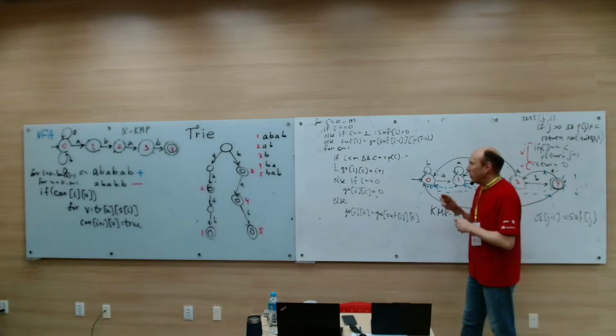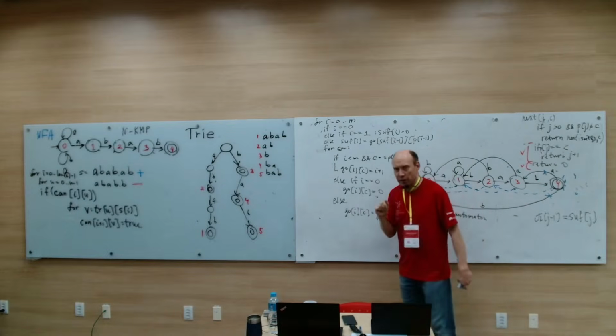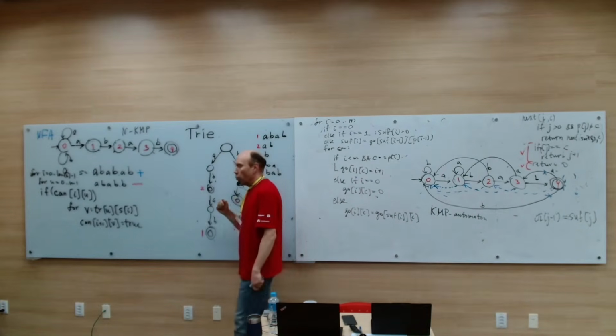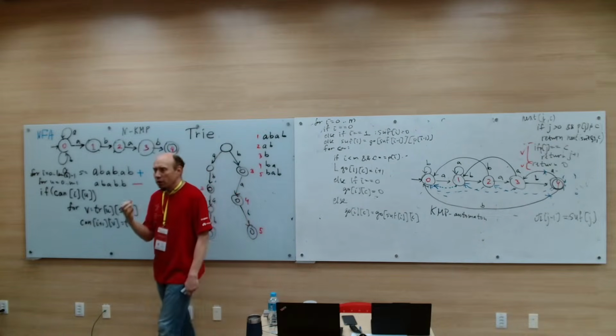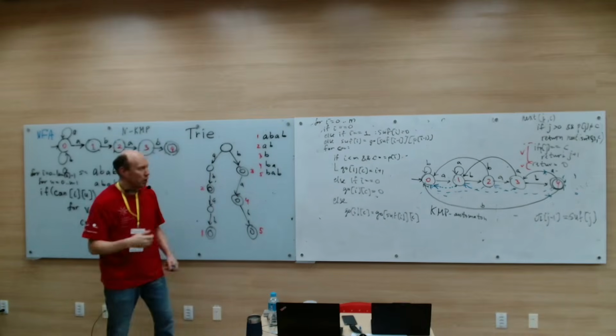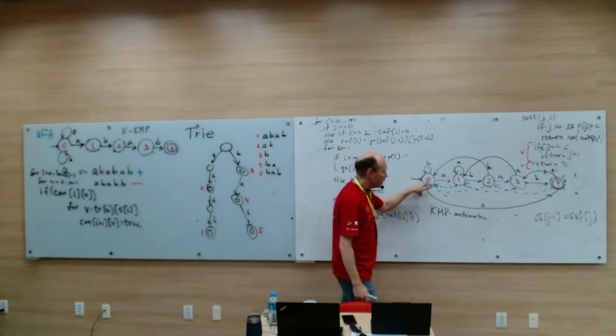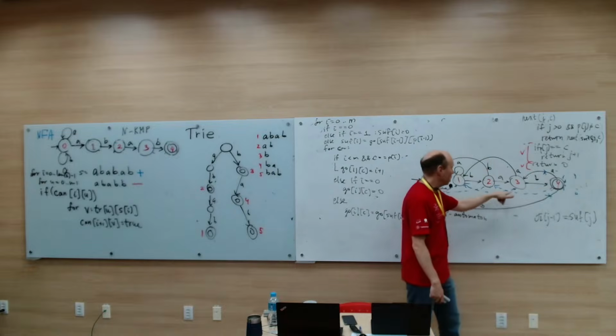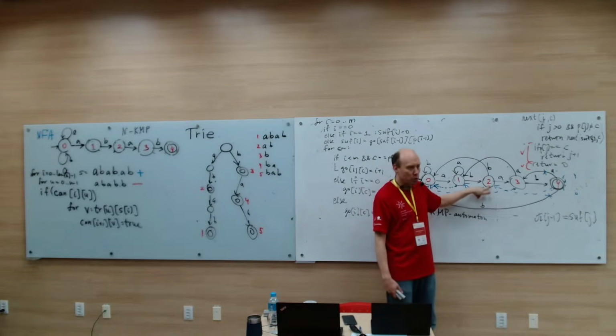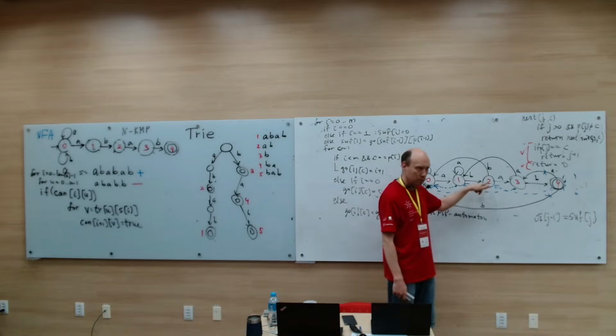So let's generalize the concept of suffix link. What was the suffix link? It was born from the prefix function, but now we can say that it has its own meaning. When we go from the root to some vertex, its suffix link leads to the vertex that corresponds to the maximal suffix that matches a prefix.